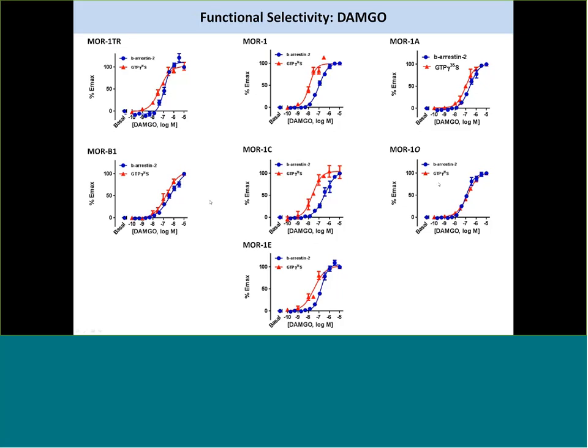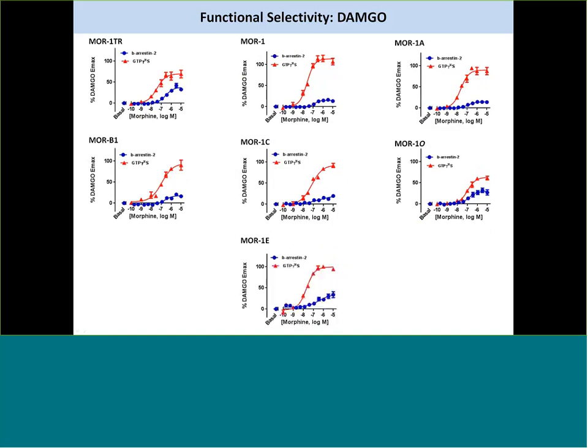Several things become quite interesting here. First, you can see that the curves are relatively superimposed for O and for B1, but they seem to spread apart for MOR1C. And without getting into too much detail of individual variants here, if you take a look at other drugs, you see other differences in patterns.